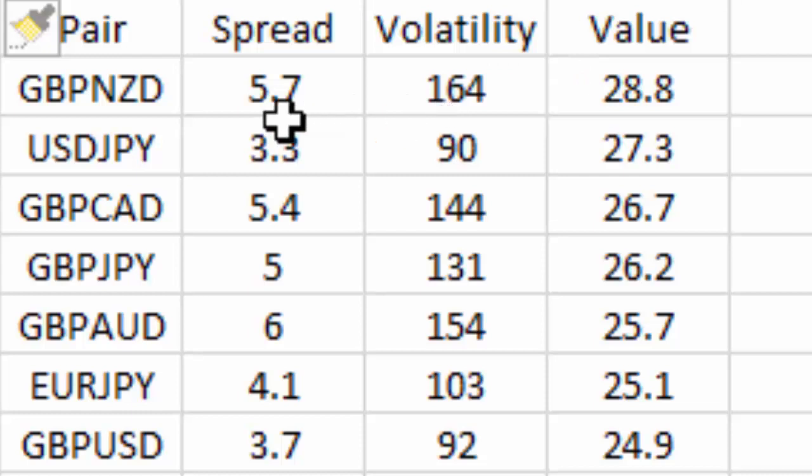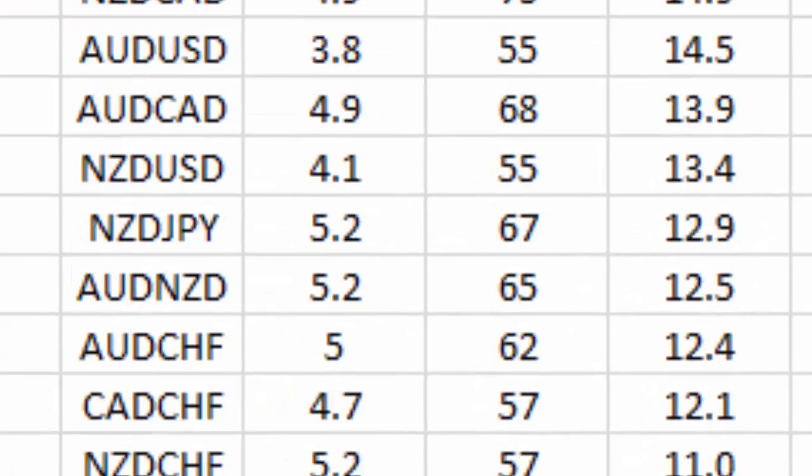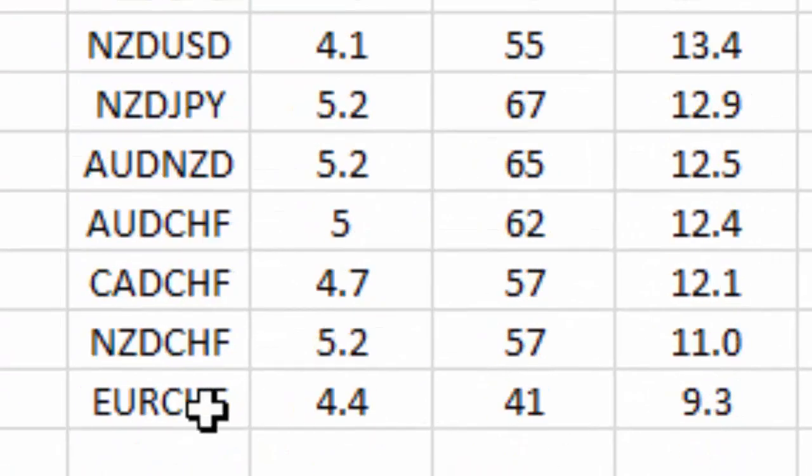So in this case, the pound New Zealand, he's getting 28 pips of movement for every 1 pip of spread. So he is more likely to get a nice strong move on a trade placed using that currency than, for instance, a currency where, and let's go right down to the bottom of the list, the euro franc currency.